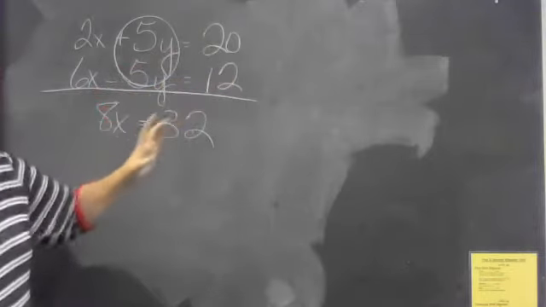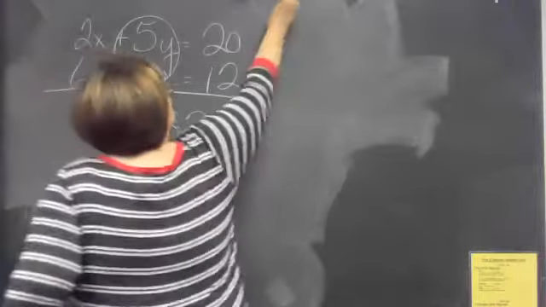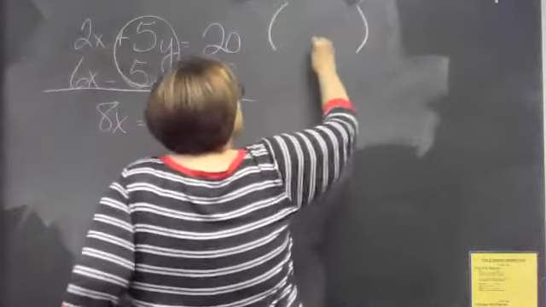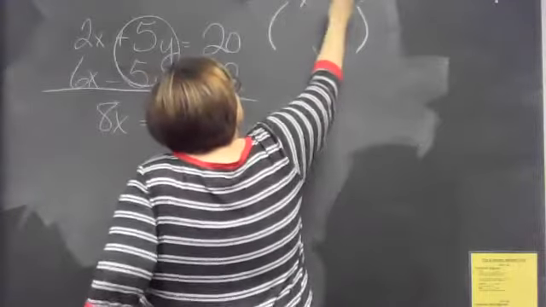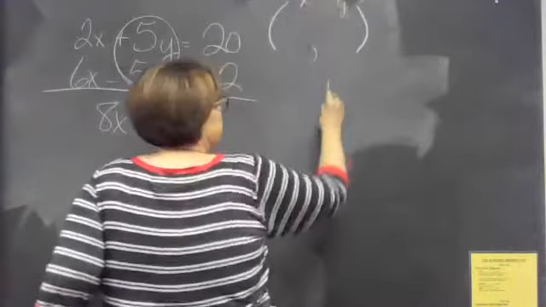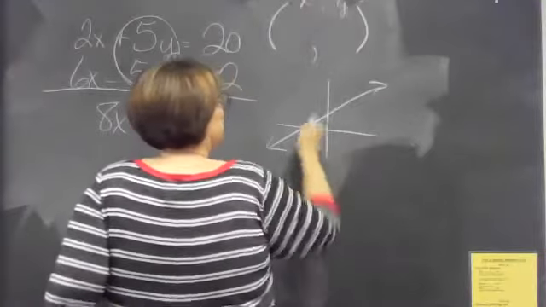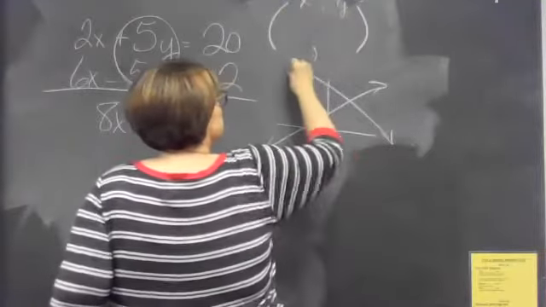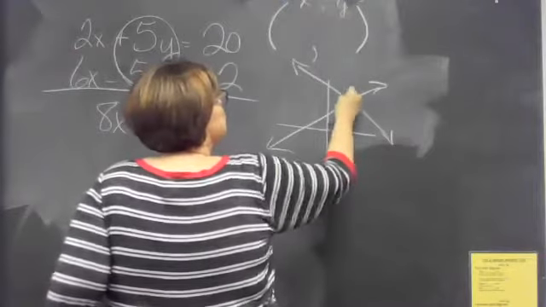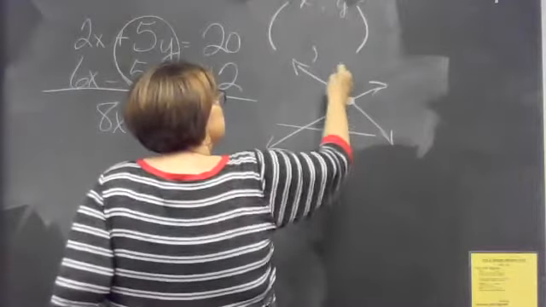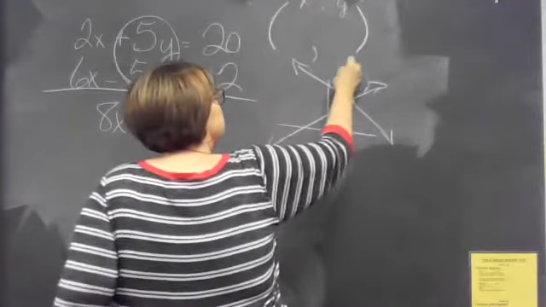So what are we trying to get? We're trying to get a point with an x coordinate and a y coordinate that would be the point of intersection of 2 lines. We need that point. That's the solution of the system.